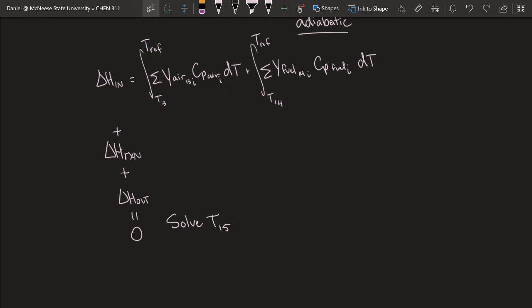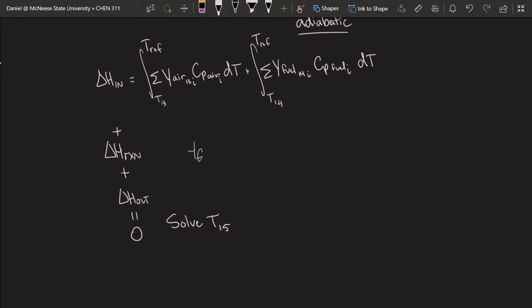Definitely assume that it's 298. Pretty much your reference temperature is always going to be 298, no matter what you're doing, because the way that tables work is that they often have the delta H's of reaction, the delta H's of formation.